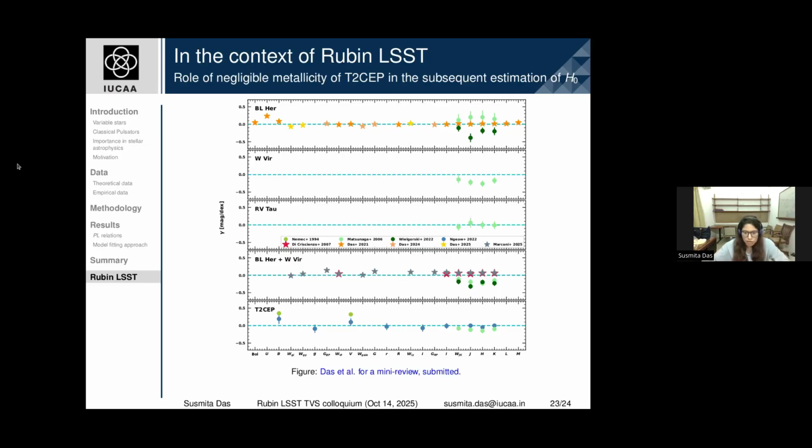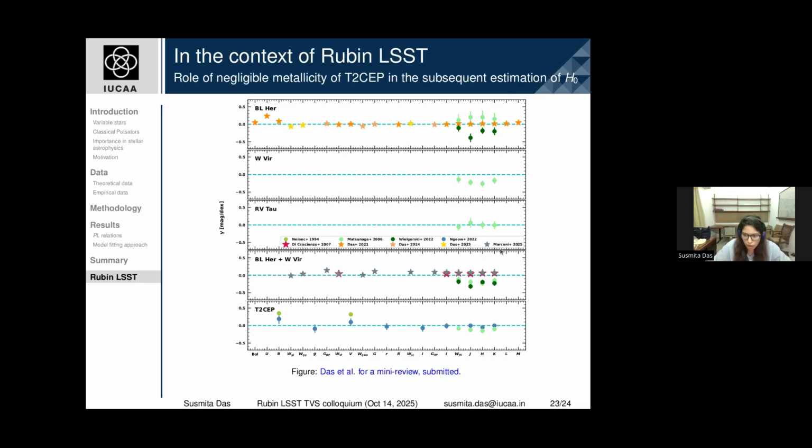So here, all the ones that are in circles, we have 1994, Matsunaga from 2006, Wielgorski from 2022, and Chung's paper from 2022. Wherever you have circles, these are the empirical results, and wherever we have the stars are the theoretical predictions.